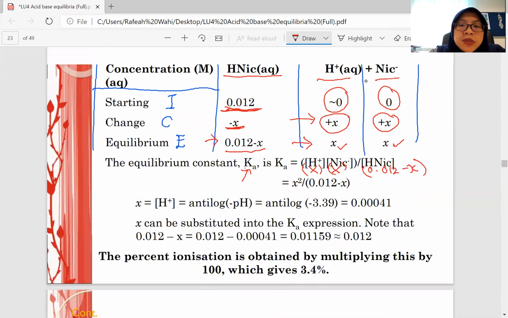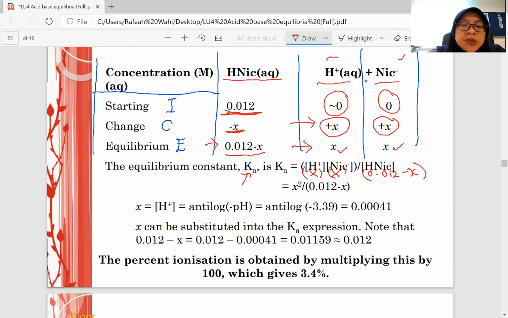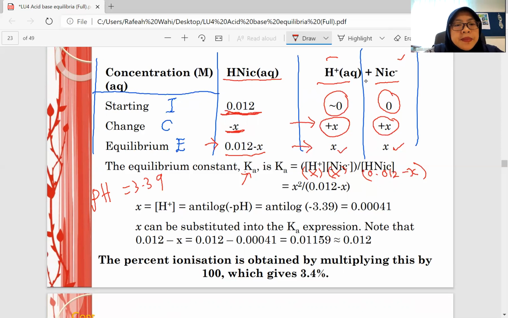In this case, we don't know what x is, but we do have the pH given in the question. We have the pH of nicotinic acid, 3.39. It's given in the question just now.